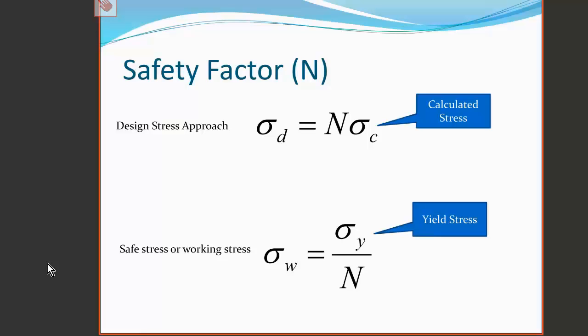When materials are actually used, we have to account for variability in the material itself, as well as the unknowns associated with the loading conditions. Safety factors are used to account for the unknowns.